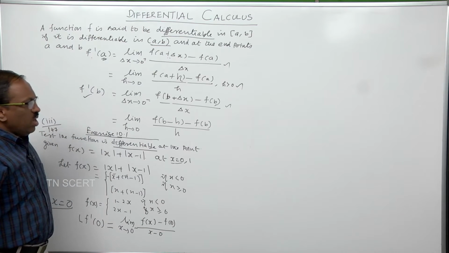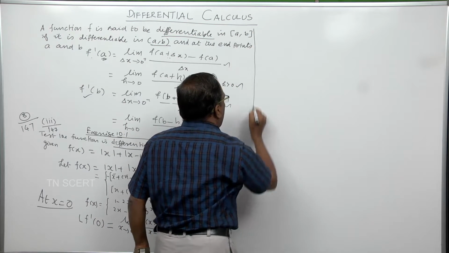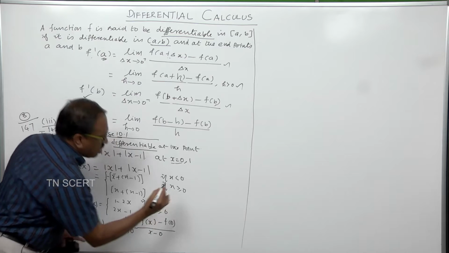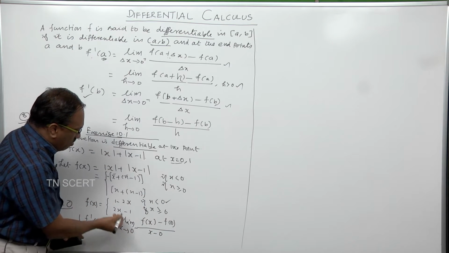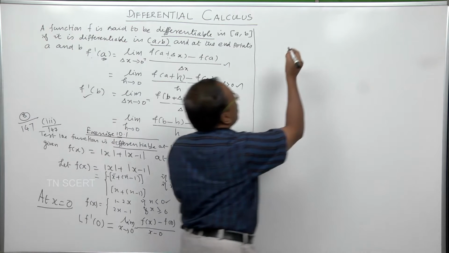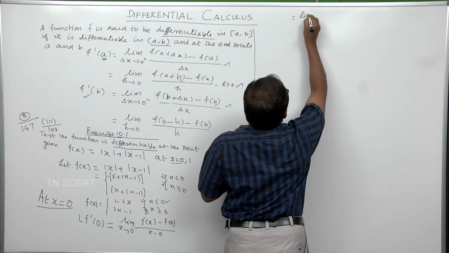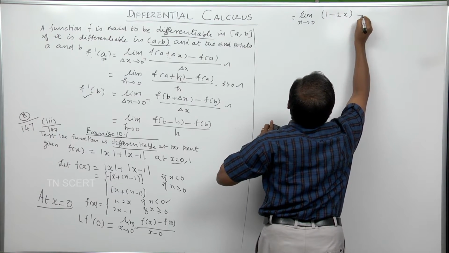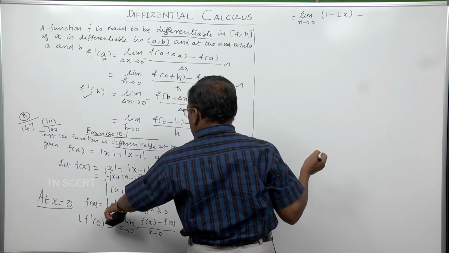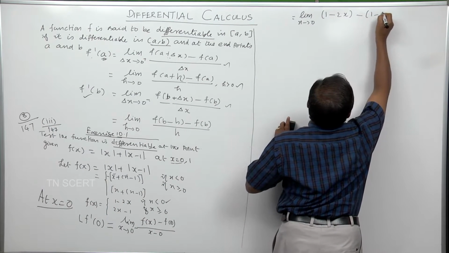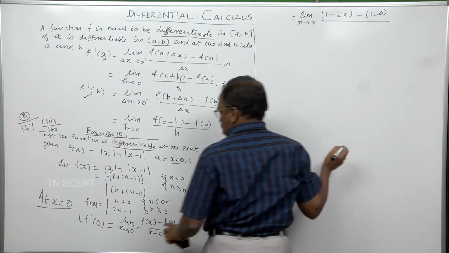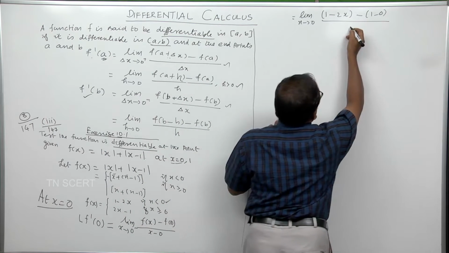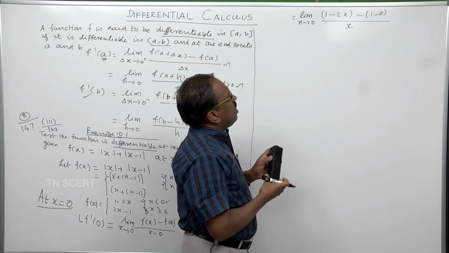Now, next I should think about each part of f of x. For the left limit, f of x is 1 minus 2x. So limit x tends to 0 of 1 minus 2x minus f of 0, that is 1 minus 0, whole divided by x.